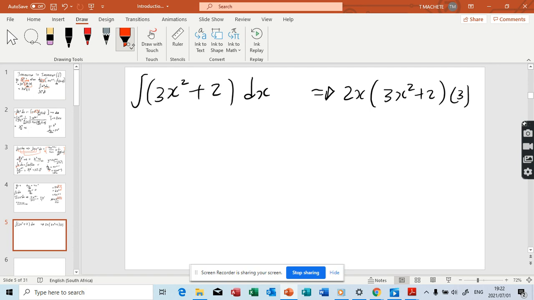Basically, this 2x represents your integral sign, and this 3 is your dx. So when you've got something like this, maybe they said solve for y, or solve for x, or factorize, simplify or expand. It doesn't matter what the question is for now.